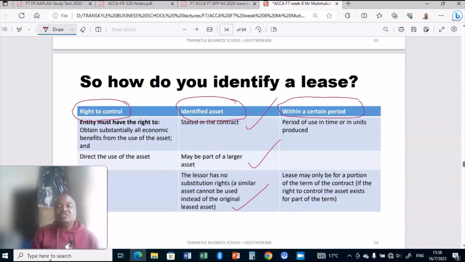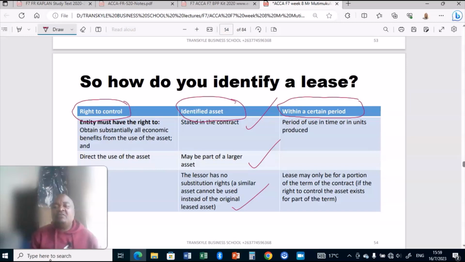So we are only going to continue to use that particular asset which has been identified. Within a certain period of time, we are talking of the period of use in time or in units produced.